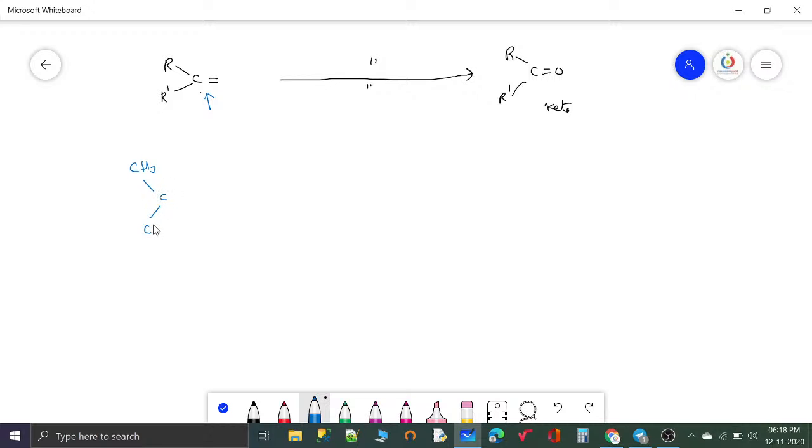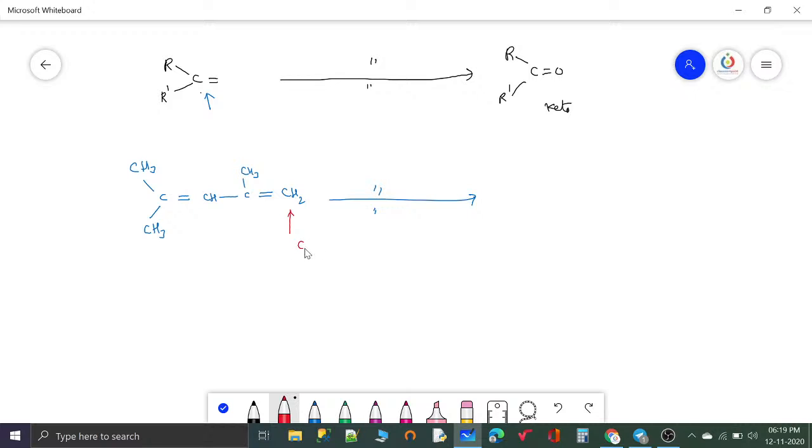CH3, C, CH3, double bond, CH, CH, CH3, now double bond CH2. You can find all types of groups in this molecule. This CH2 group will be converted to carbon dioxide.